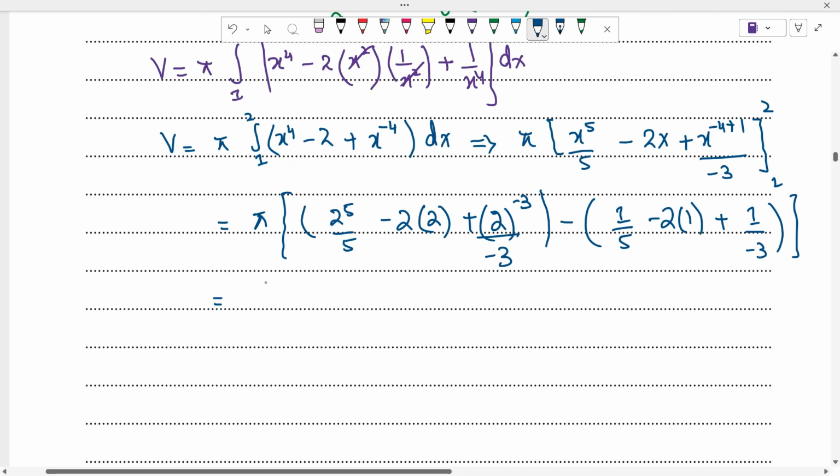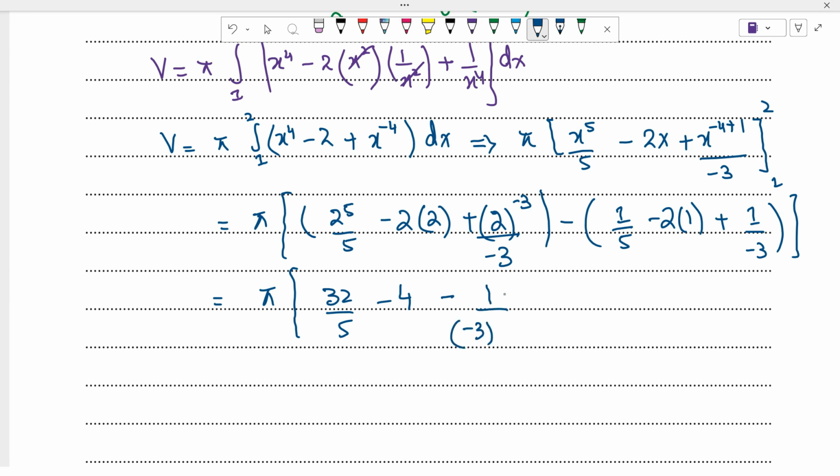Solving further, we will have pi, and 2 to the power of 5 is 32, so 32 over 5 minus 4, plus 1 over negative 3 times 2 to the power of 3, which is 8, minus 1 over 5, negative times negative 2 is plus 2, and negative 1 times 1 over negative 3 is positive 1 over 3. 32 over 5 minus 1 over 5 is 31 over 5.